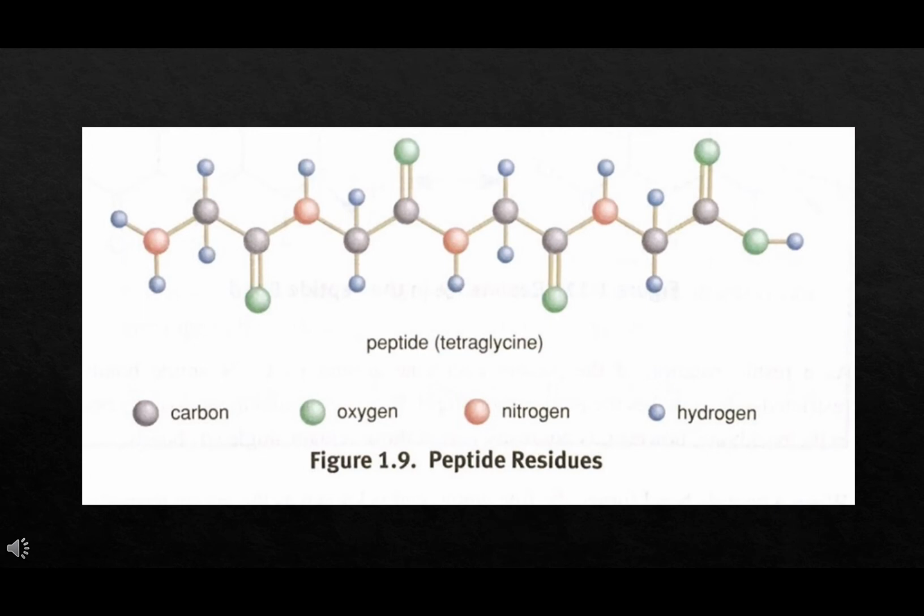Peptide bond formation and hydrolysis. Peptides are composed of amino acid subunits, sometimes called residues. Dipeptides consist of 2 amino acid residues, tripeptides have 3. The term oligopeptide is used for relatively small peptides, up to about 20 residues, while longer chains are called polypeptides.